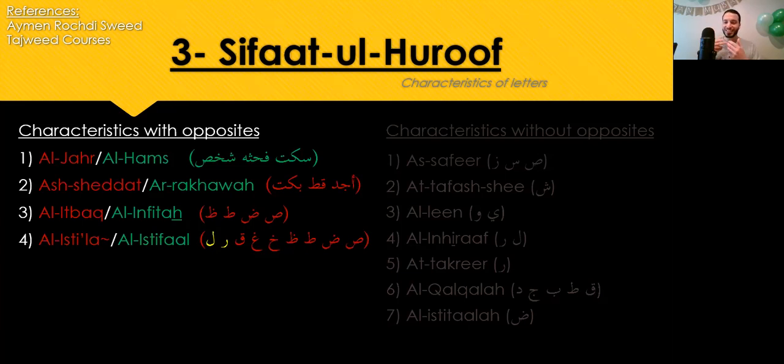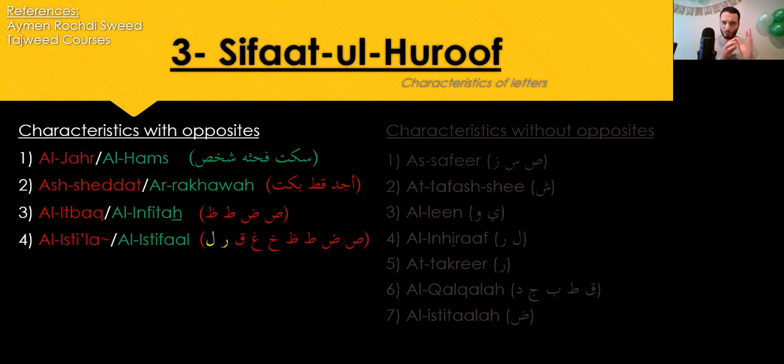Is the sound flowing with the letter when we're pronouncing it? It can flow for a long time, or is it a letter that, when we pronounce it with sukoon, flows for a very short time? And there's actually a third category in between, al-bayniyya, which means there are a bunch of letters that are between ash-shidda and ar-rakhawa.